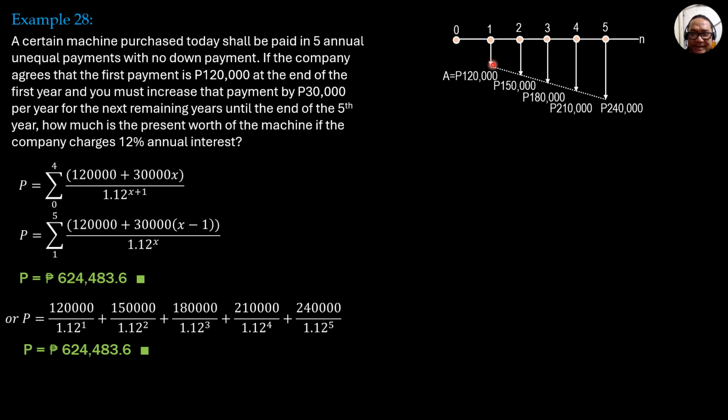Now let's proceed to the formula. So we split the cash flow diagram into two parts. One is the present worth of uniform payment, where A is 120,000, so A times quantity 1 minus 1 plus i to the negative n divided by i.